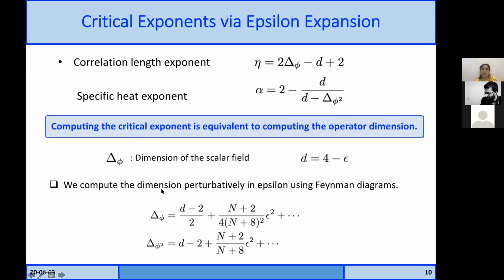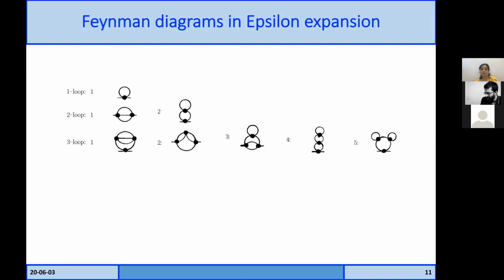So we compute the dimensions perturbatively in epsilon using Feynman diagrams and end up getting these values. You see this is an expansion in epsilon, and this is how the correlation function looks. These are the Feynman diagrams that we need in order to compute the epsilon expansion.